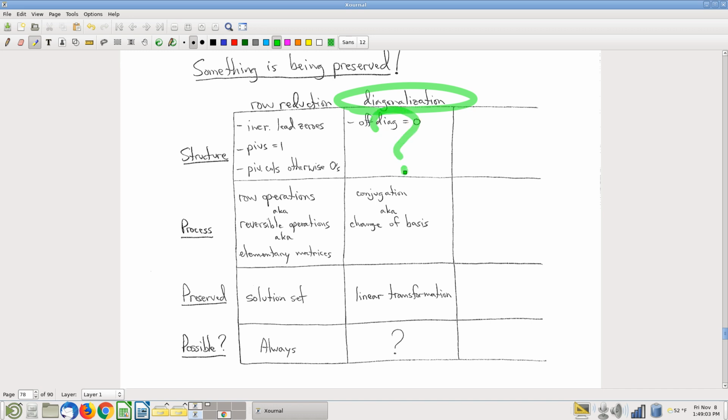Can you always put a matrix into diagonal form by way of conjugations, aka change of bases, aka similarities? And the answer is, well, at the time we didn't know, and now we know the answer, though. The answer is no. Let me say not necessarily. So maybe. Sometimes yes, sometimes no, right? It's unfortunate. Okay. All right.